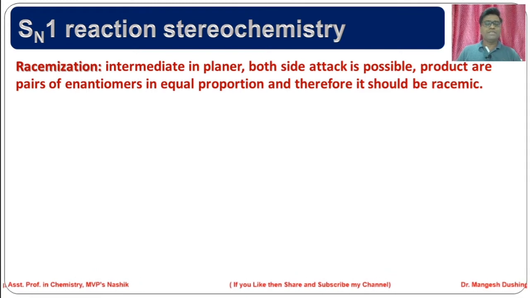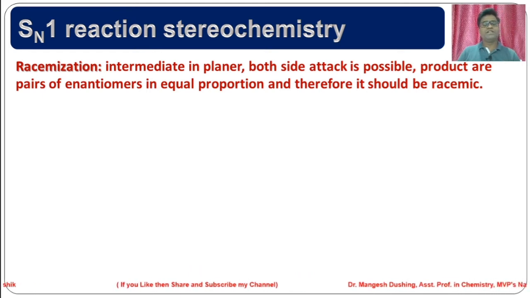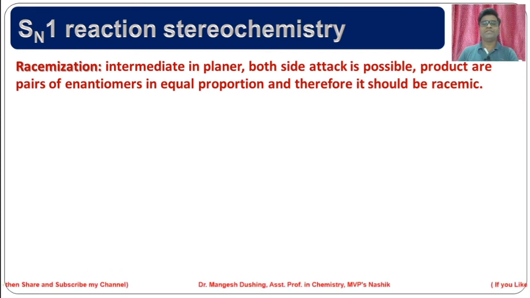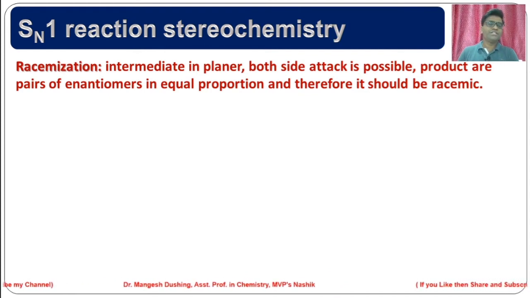So the intermediate is planar. Whatever carbocation is formed as an intermediate in the SN1 reaction after the leaving group leaves, that intermediate is an sp2 carbon, that is planar. Because of this planarity, both side attack of the nucleophile is possible. So products are a pair of enantiomers in equal proportion.